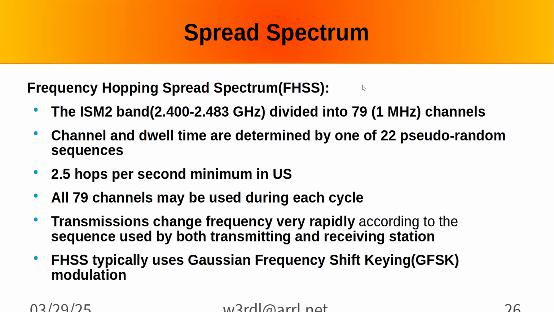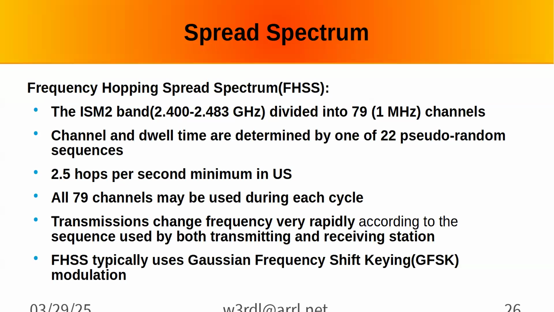So frequency hopping: they divided up the ISM2 band, that's the medical one I mentioned, part of the 2.4 gigahertz, into 79 1 megahertz channels. And they come up with 22 different pseudo-random sequences, and they pick one.